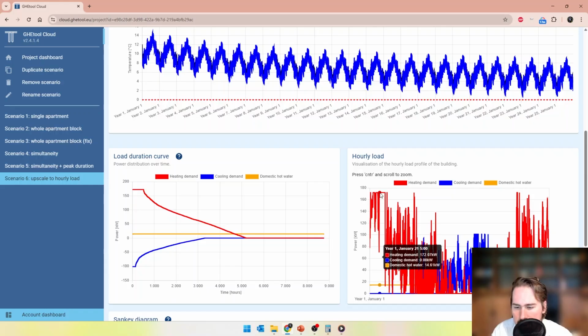As you can see, we start around January 21 with 172, and it is almost a week or more than a week, 10 days, that we're at this maximum power. So our peak duration, when we use this method for this specific location, is way bigger than our 72 hours.